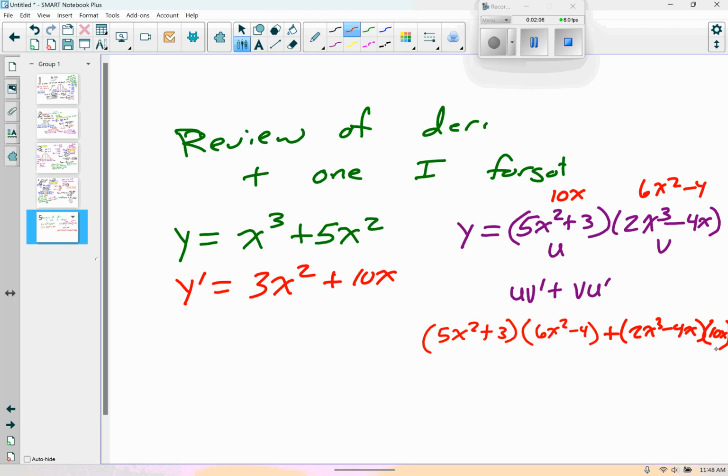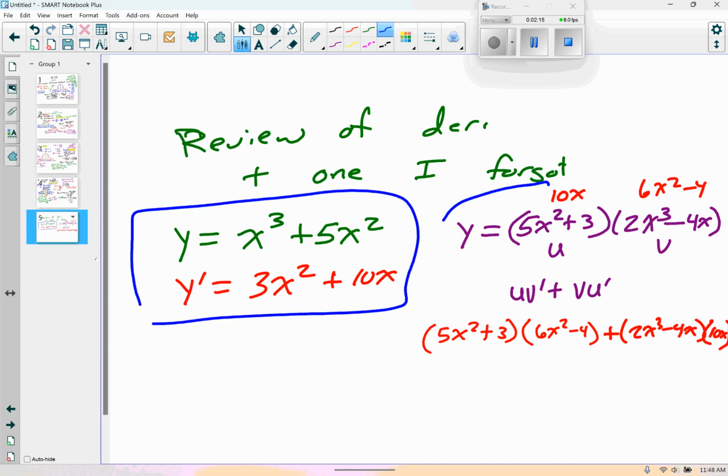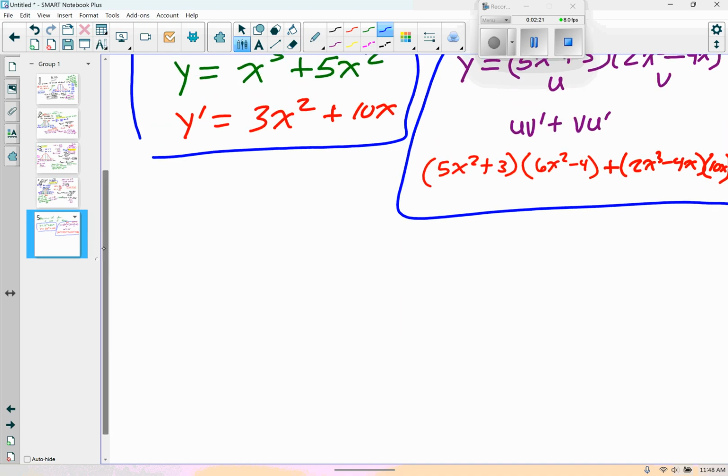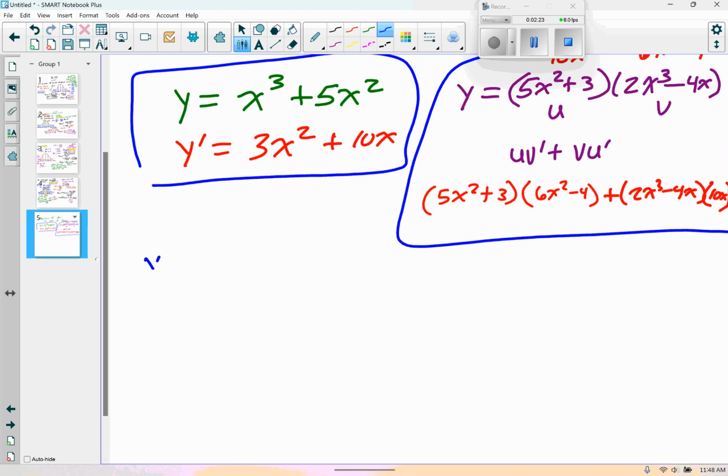And then we actually have the quotient rule too. So this is its own, and let's move down a little bit. Let's say we had this: x to the third plus 7x on the bottom.